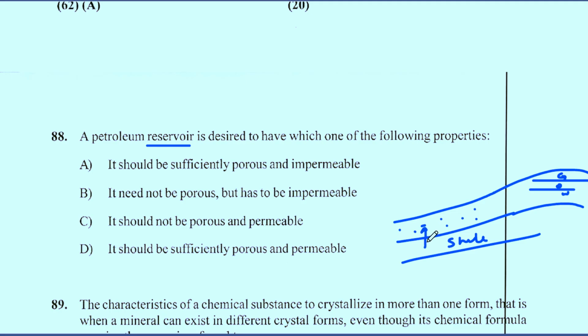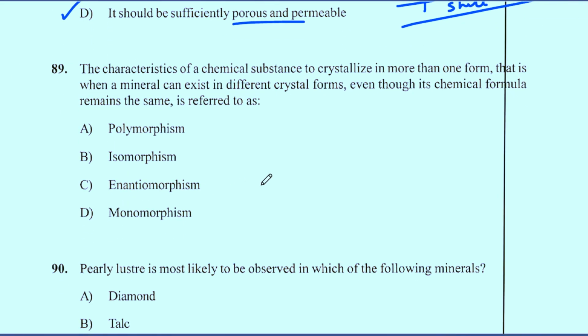Shale is a source rock. It will provide oil due to buoyancy, capillary action, and other things. This is the primary movement, primary migration. If oil moves in this and reaches the trap site, we call it secondary migration. So if we want to move oil in the reservoir, it should be sufficiently porous as well as permeable.